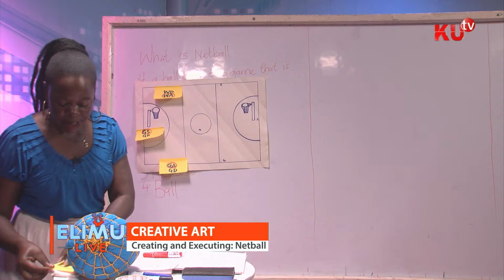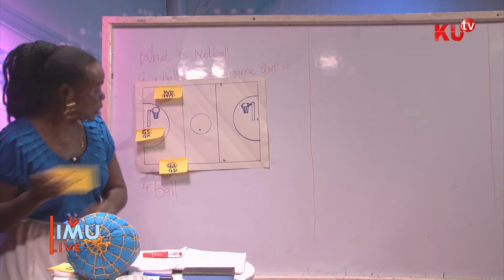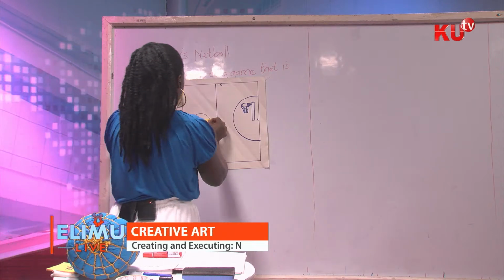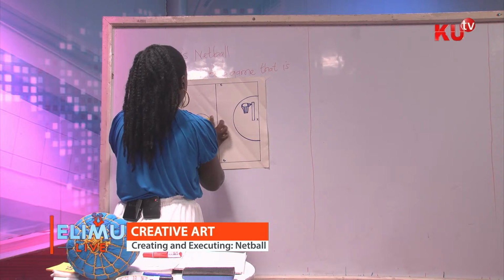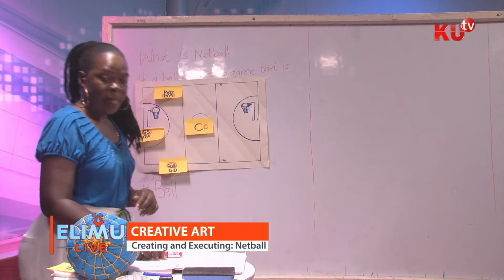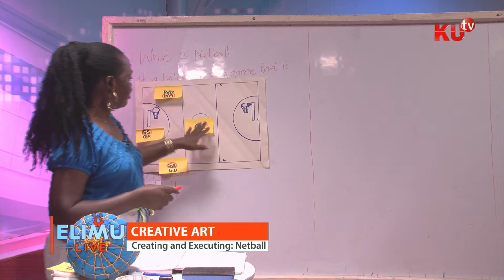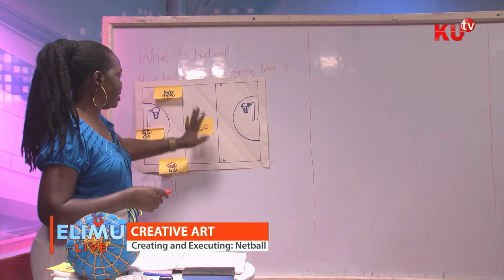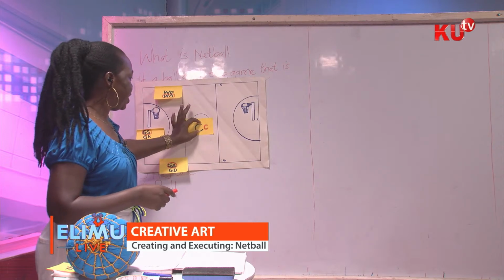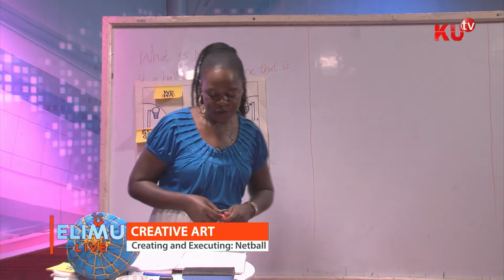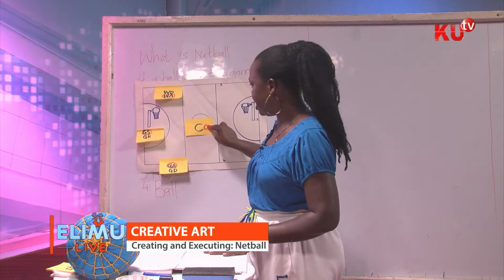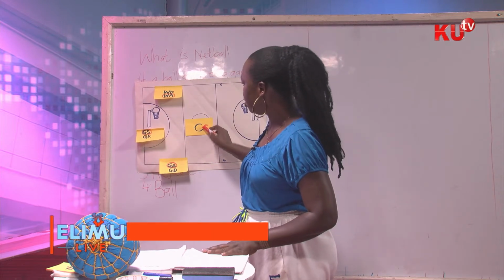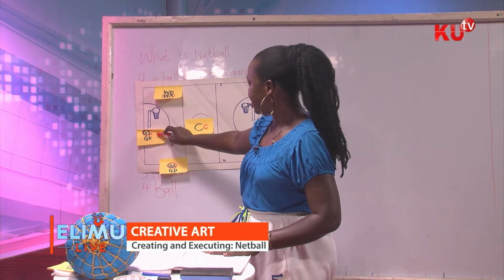And then we have number 4, which is the center. The player at the center is named C, meaning center. The work of the person in the center is to make sure that the ball goes towards their side.